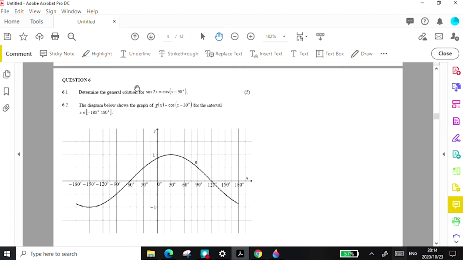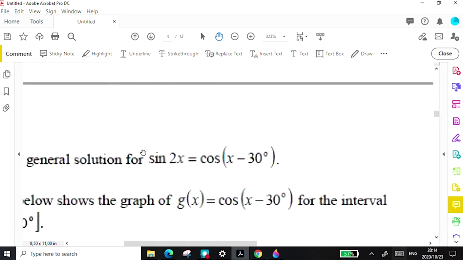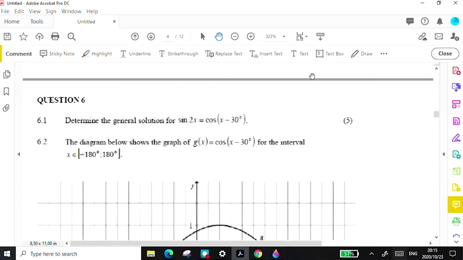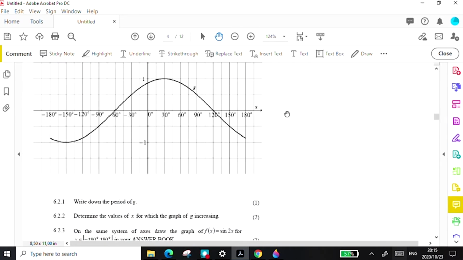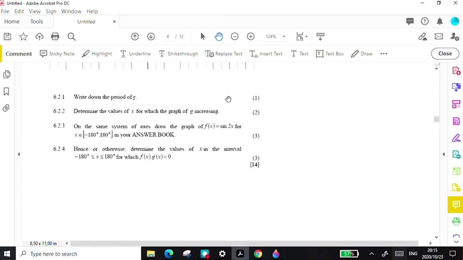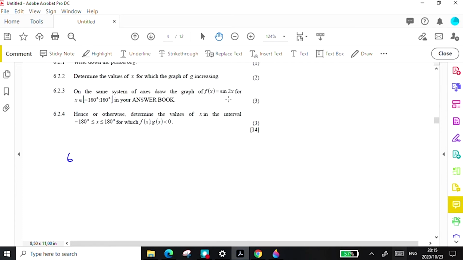For question number 6, we are required to find the general solution of sine 2x equals cos of x minus theta.